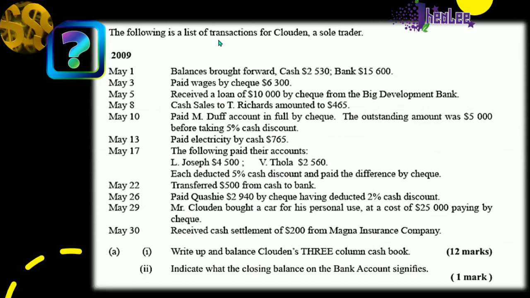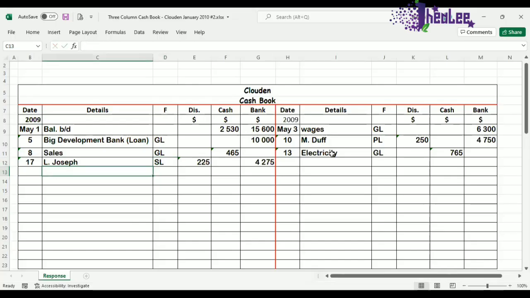And that is what we record in the accounting books. So let us move to the cash book and make that entry. The date is the same. That is V. Thola. The folio is sales ledger because that's a customer. The discount based on calculation is 128. And the difference, what we receive from this customer is $2,432.